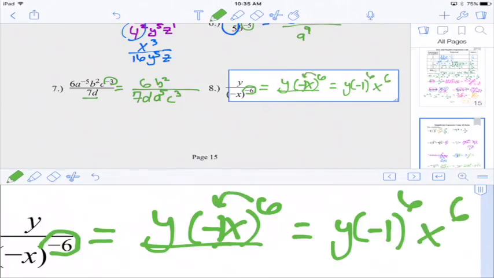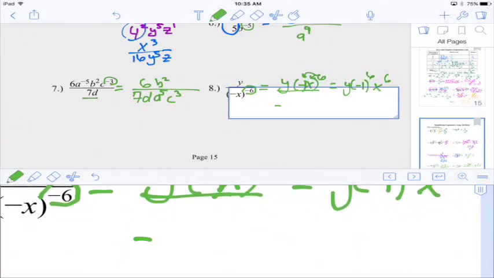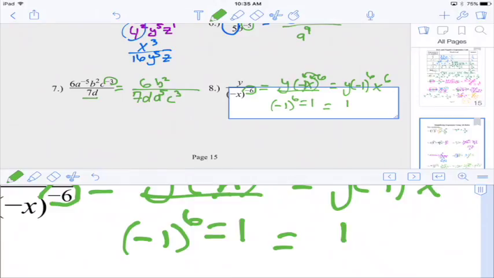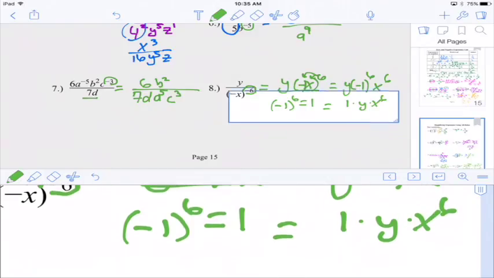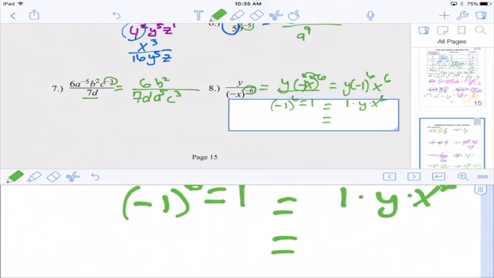Right? I distributed. Well, negative 1 to the sixth is negative 1 times negative 1 times negative 1 times negative 1 times negative 1 times negative 1, which is positive 1. It's 1 times y times x to the sixth. Well, 1 times all of that doesn't change anything, so I'm just going to call it y x to the sixth.